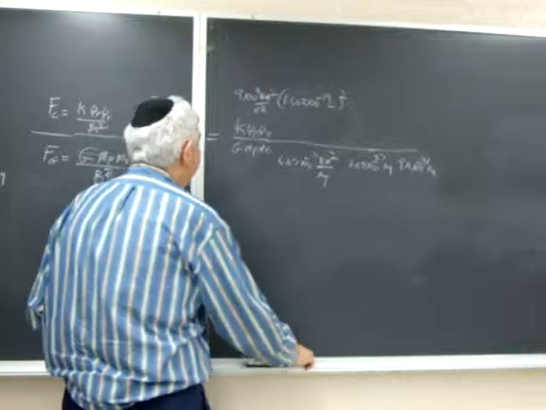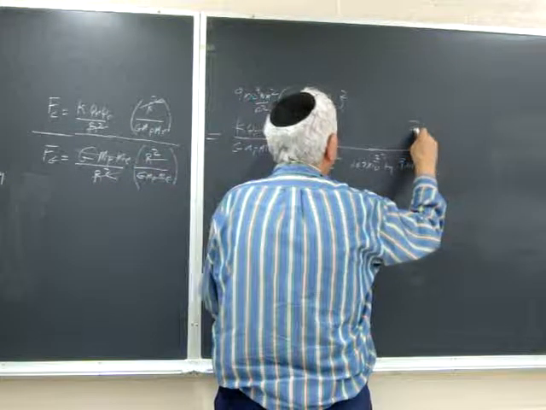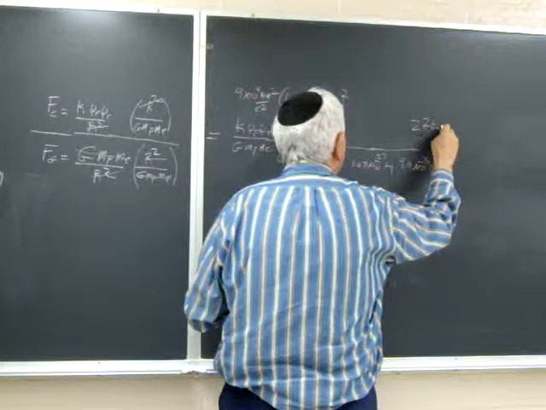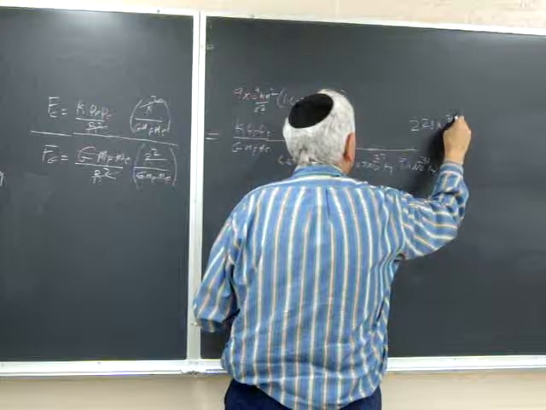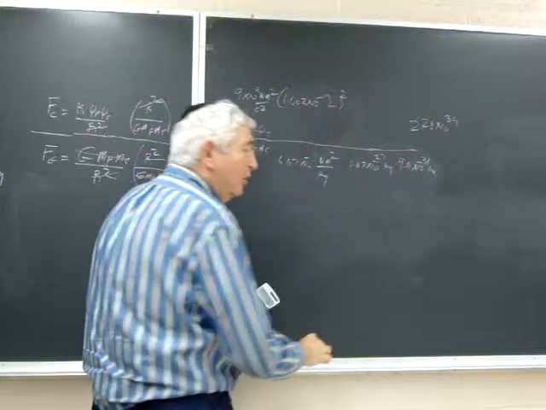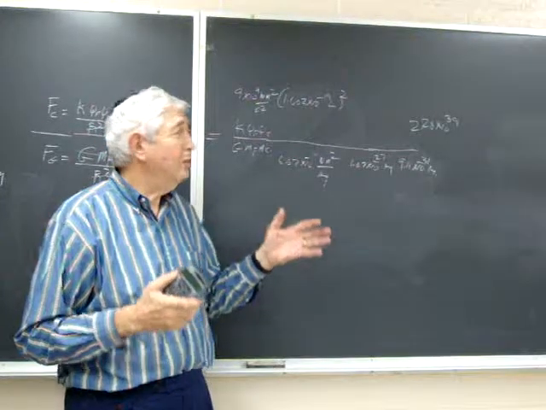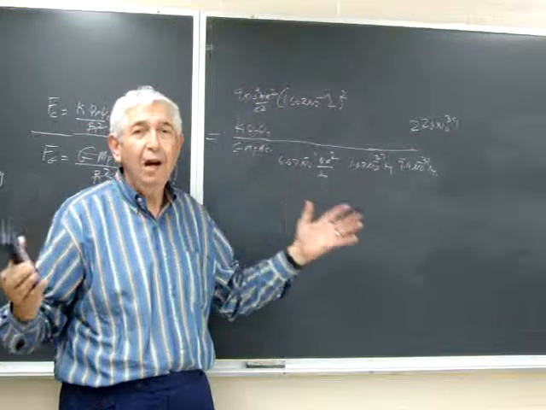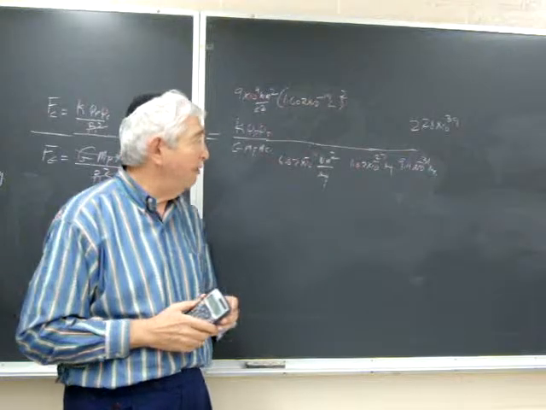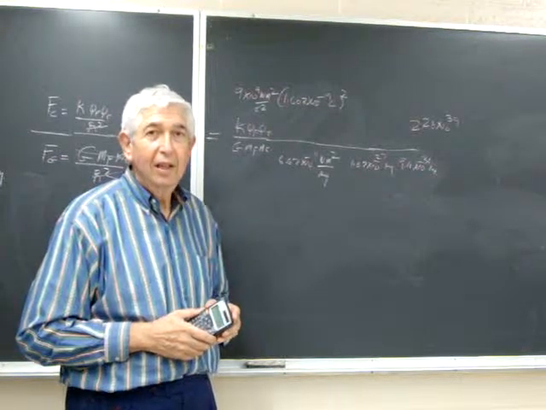And so what you get is 2.28 times 10 to the 39th. The electric force in the hydrogen atom is much, much, much, much bigger than the gravitational force.